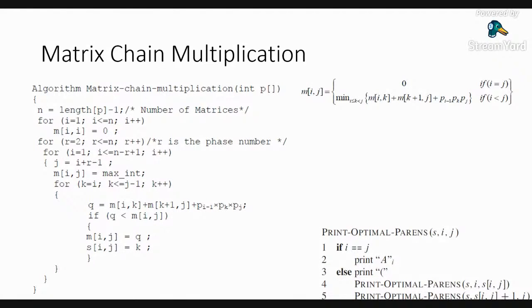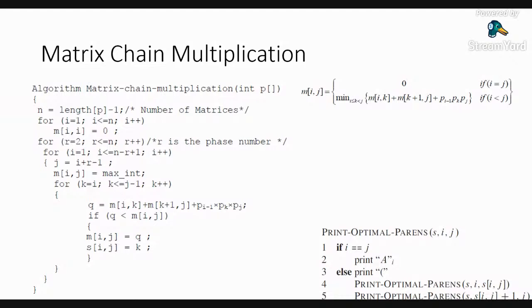Now, what we are interested in: here we are given a sequence of matrices M1, M2, M3, M4, and so on, and each adjacent pair is compatible for multiplication. Like, M1 and M2 can be multiplied, M2 and M3 can be multiplied, M3 and M4 can be multiplied, and so on. We are interested in finding the optimal sequence for multiplication of these matrices such that the total number of scalar multiplications would be minimum.